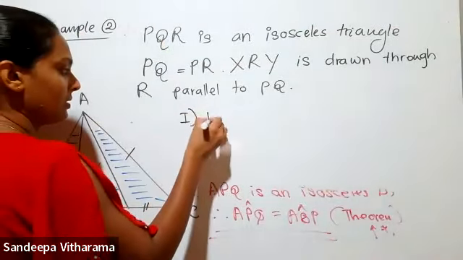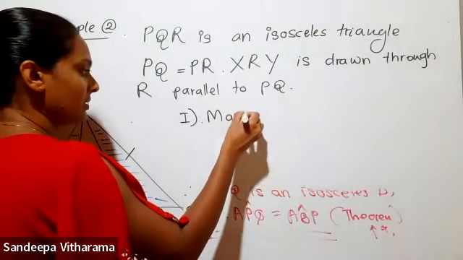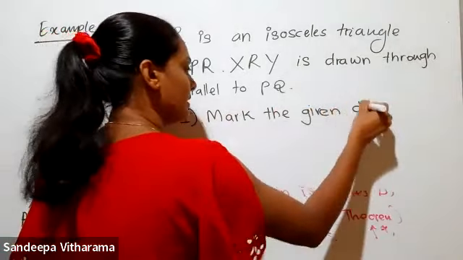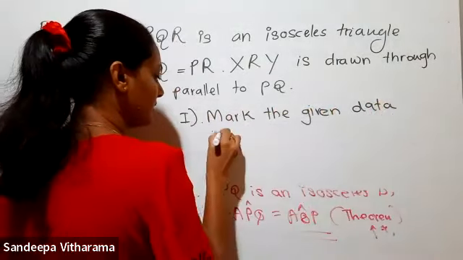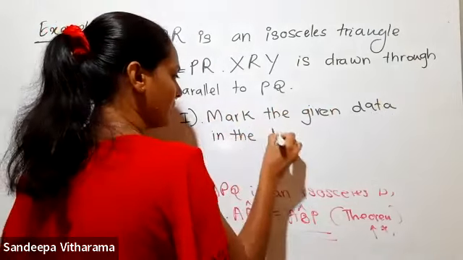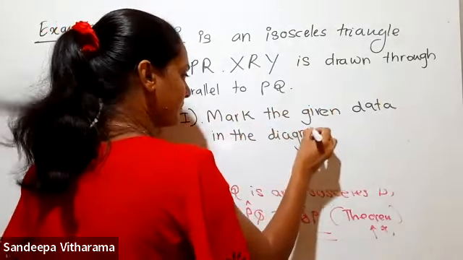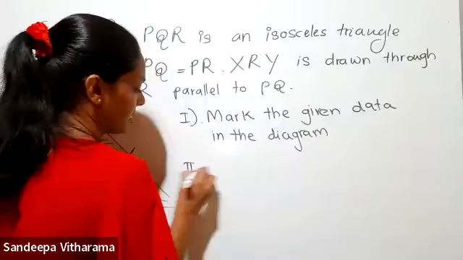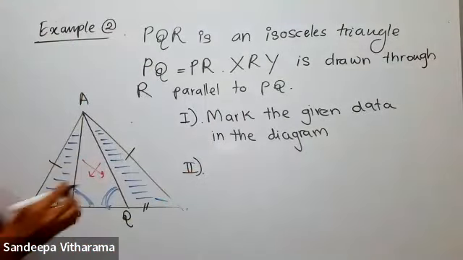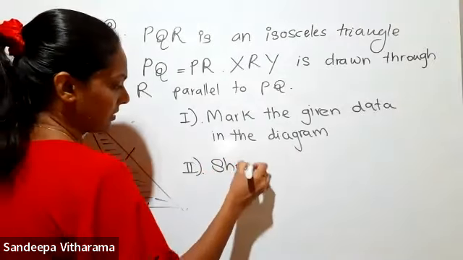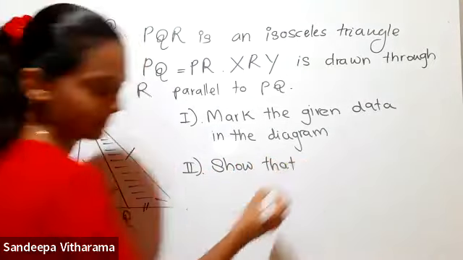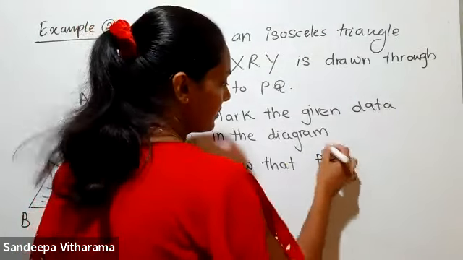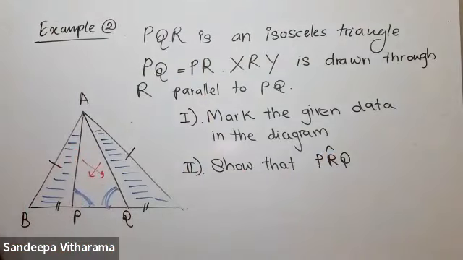First one, mark the given data in the diagram. Second one, show that PRQ equals QRX.